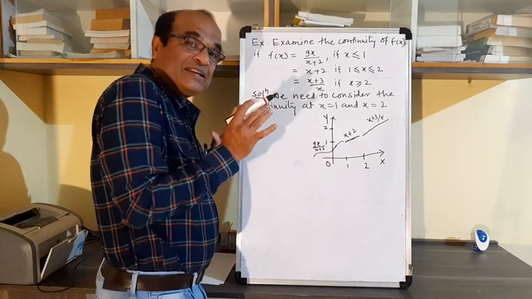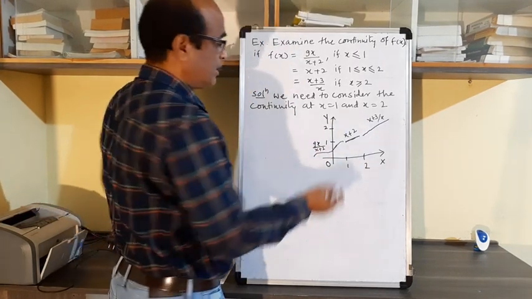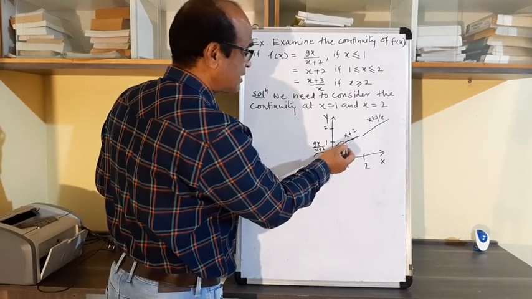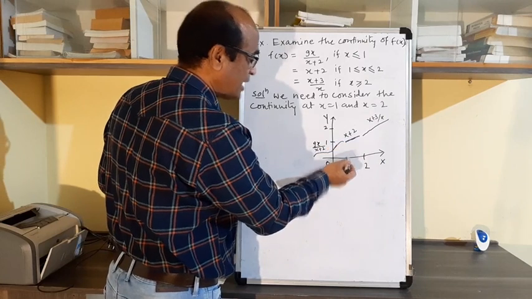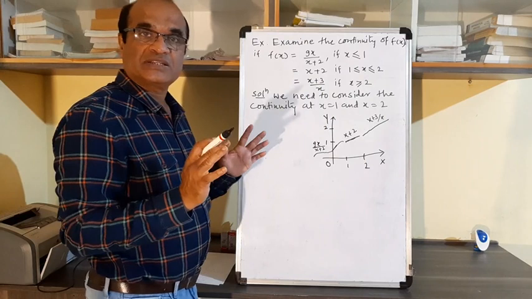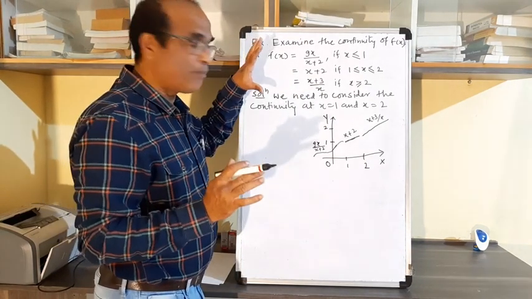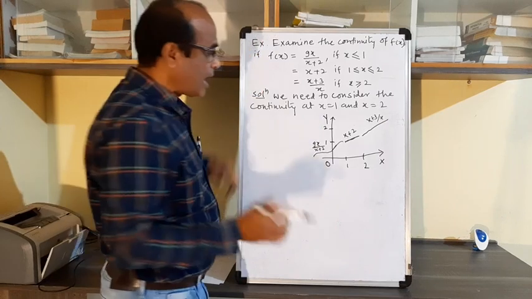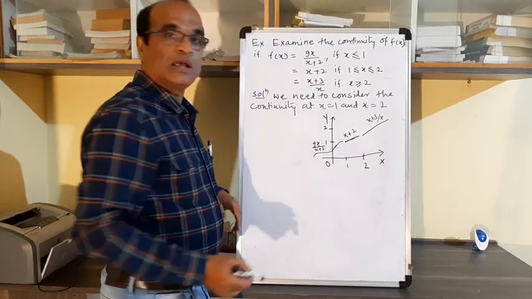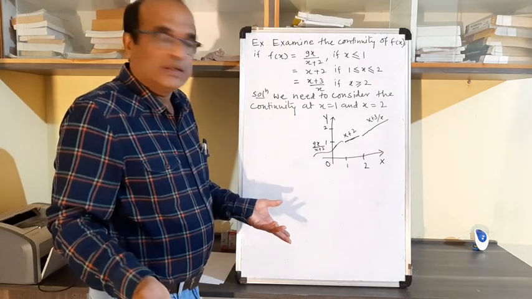So it is necessary to check the continuity at these points here. We don't know whether the function is continuous at x is equal to 1 and x is equal to 2. So what is continuity?